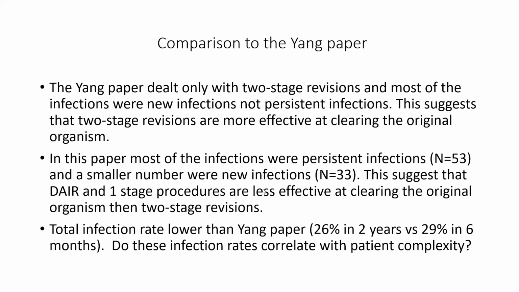In this more current paper we just talked about, the Bernard paper, most of the infections were persistent infections, and they were mostly in the DAIR patients, suggesting that DAIRs are less effective at clearing the original organism than 2-stage revision. So I think that's why the results are different.